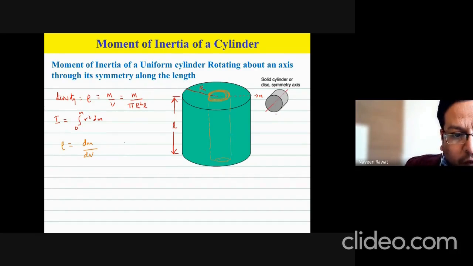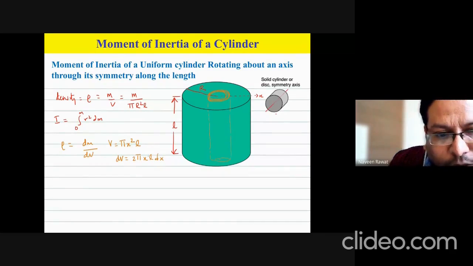The area is pi x square times L. As x increases to r, the value becomes the total volume, pi r square L. So the small element dV will be 2 pi x L times dx.